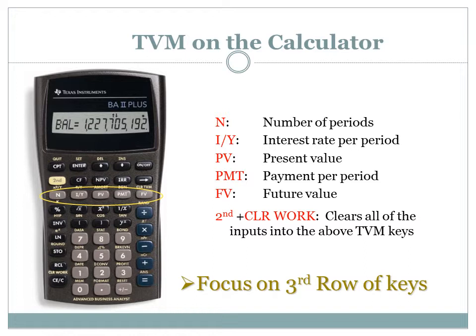Also, we can use a financial calculator. We use the BA II Plus as an example, and we focus on the third row on the financial calculator.